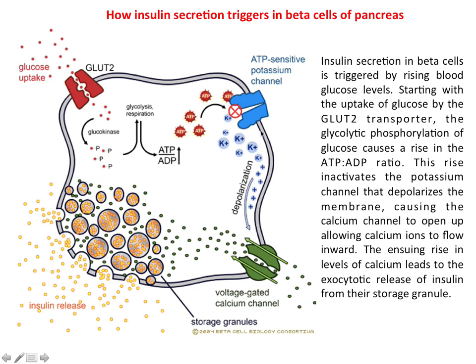Once the cell membrane is depolarized, the calcium ion channel gets opened, and calcium ions enter through this ion channel, and these calcium ions trigger the storage granules, and finally the insulin is released from these storage granules into the blood.